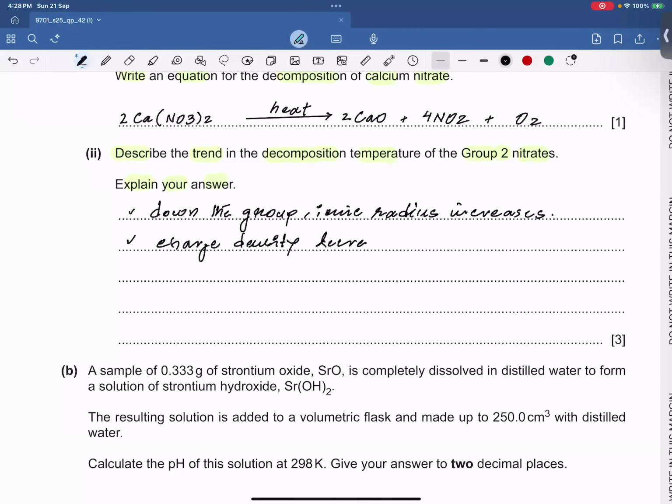And when charge density decreases, polarizing power of cation becomes weaker.